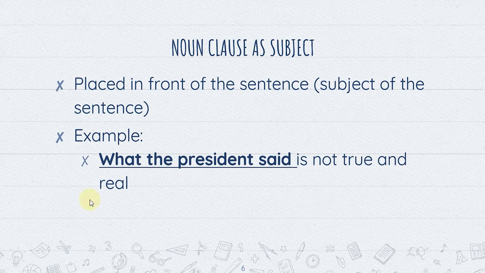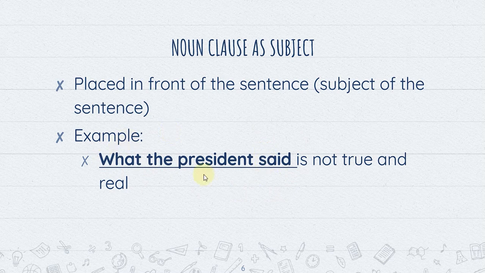As you can see in the example, I have put a sentence, what the president said is not true and real. As you can see here in the sentence, the subject is being replaced by a noun clause, what the president said.